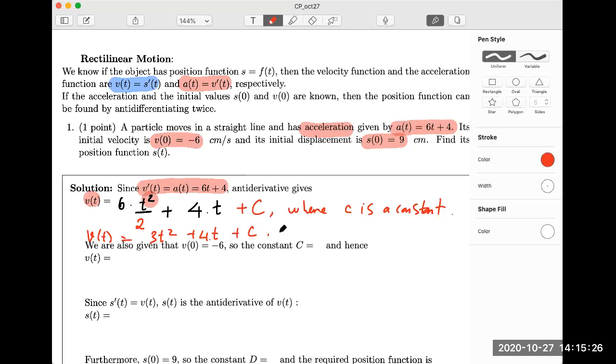Furthermore, we are given that at the initial time, v of 0 will be -6, right? So v of 0 means that we evaluate the value of v when t is equal to 0 in this function. But we know that v of 0 will be c, right?